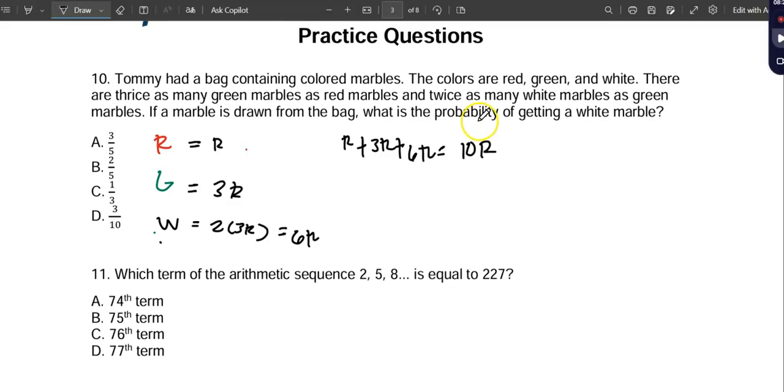Tapos, what is the probability of getting a white marble? Ilan ba yung ating white marble? Yung ating white marble is 6R. Ilan lahat yung marble natin? 10R. So, this is 6R divided by 10R. That gives you what? 3 over 5, right? So, 3/5. That's letter A in our choices.